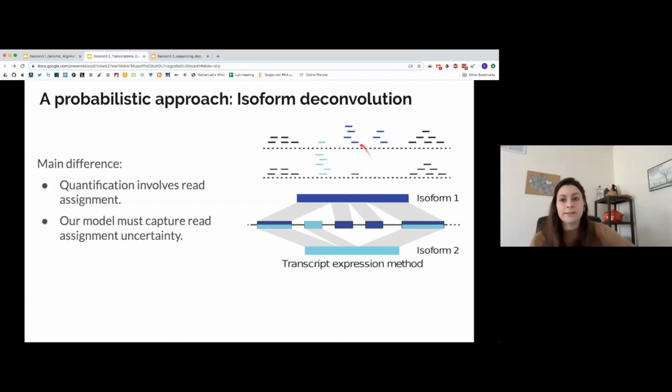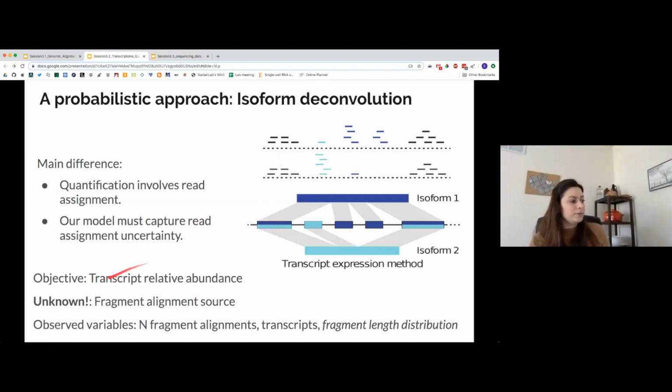Using the quantification from these reads, you can also inform your choice for the reads that are mapping to shared exons. These are the reads that you need to assign to a specific transcript, given the probability that you saw other reads from those transcripts.